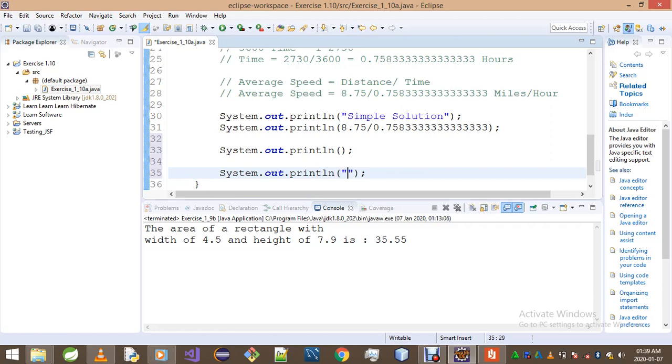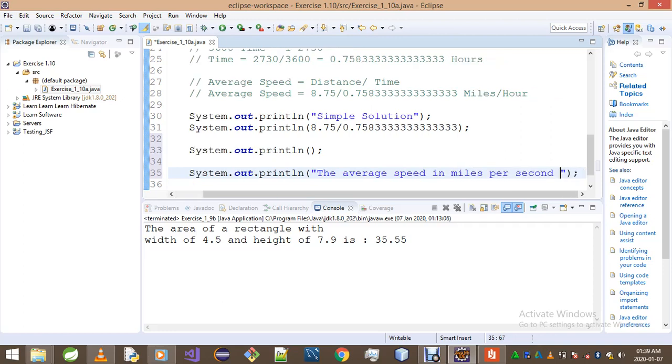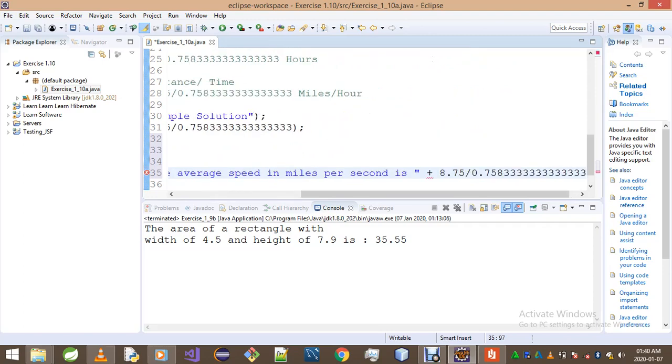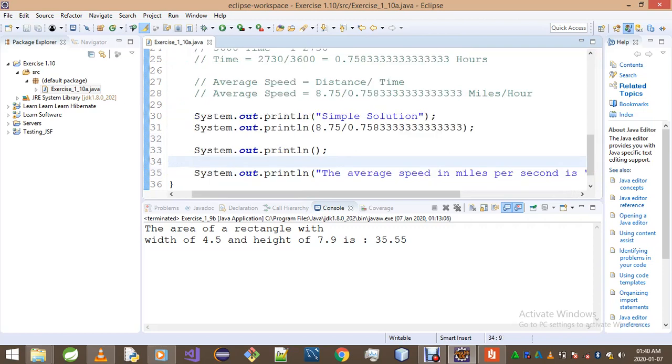The average speed in miles per second is this number here.